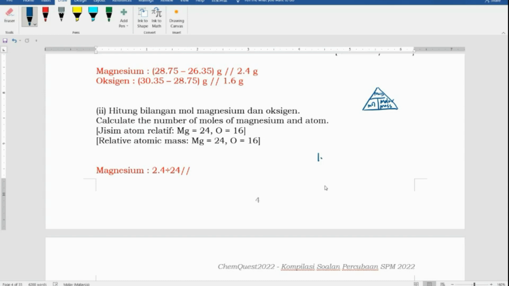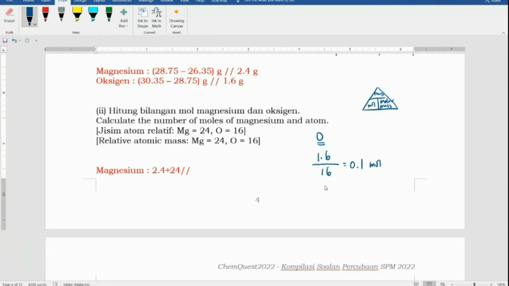1.6. Okay. Molar mass for oxygen? 16. 16, right? Not 32 for oxygen. Don't divide by O2. It's O only, so 16. So what is your answer? 0.1 also.